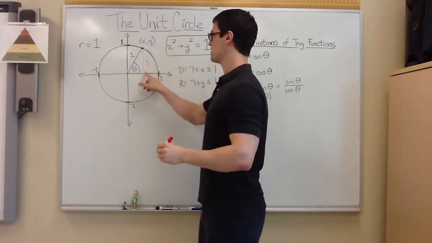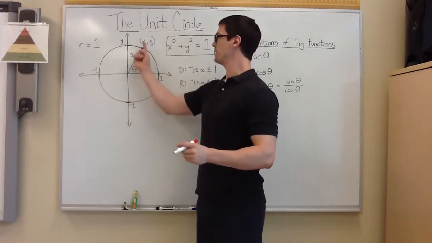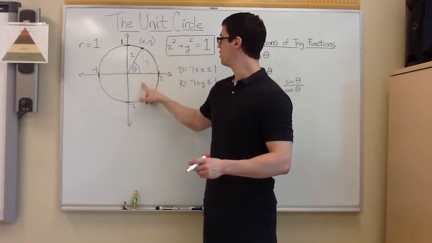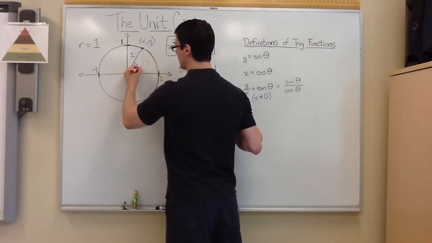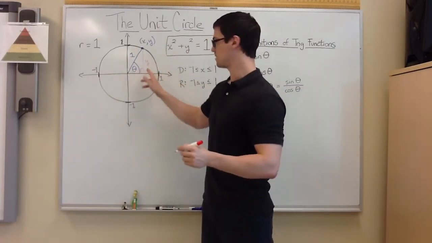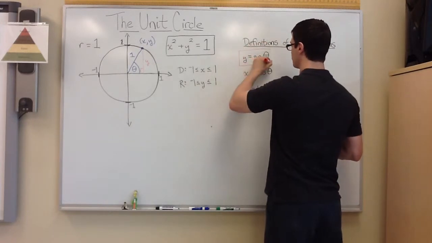Okay? It's going to represent the height of this triangle. I almost formed a triangle right here. The height from the x-axis, from the y equals 0 line, all the way up to y, I'm just going to label it in red as y. And I'm going to make this 90-degree angle just so we know it's perpendicular to the x-axis. So I'm going to put a little box around here.